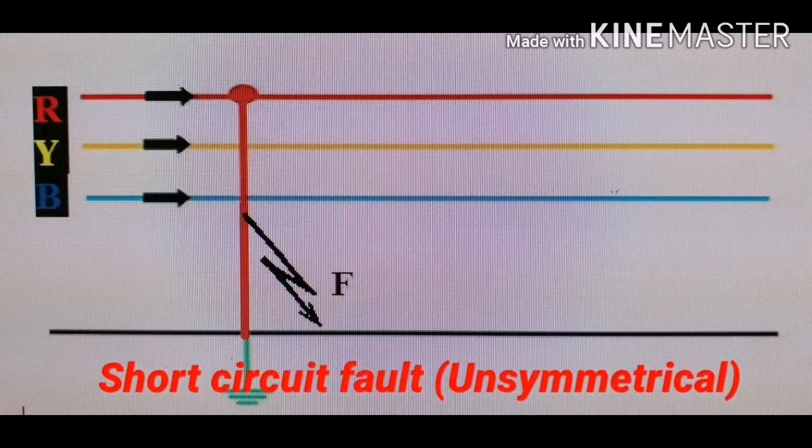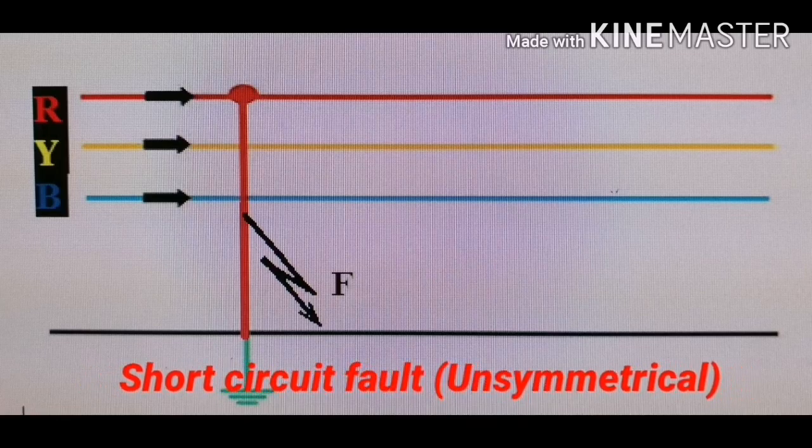Now see the second type of short circuit fault, that is unsymmetrical fault. In unsymmetrical fault, different current will flow in the different phases, that is, currents differing in magnitude and phase in the three phases of the power system, known as unsymmetrical fault.